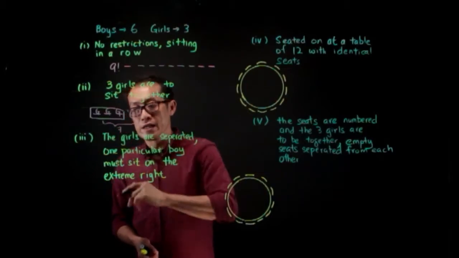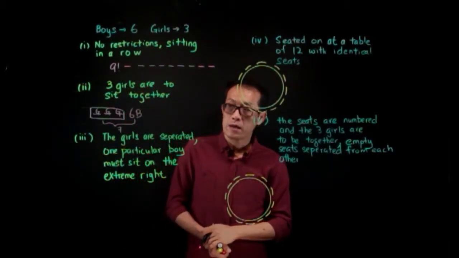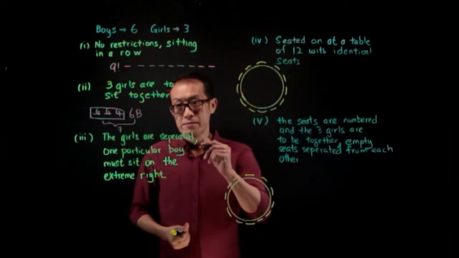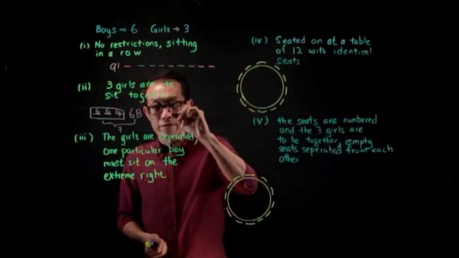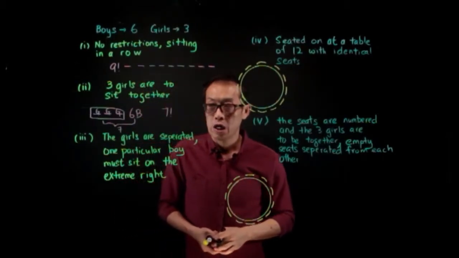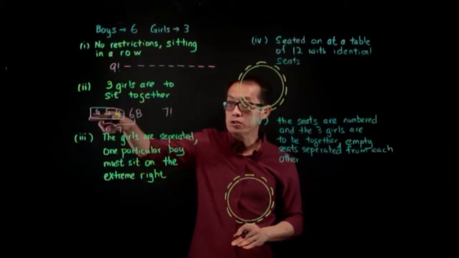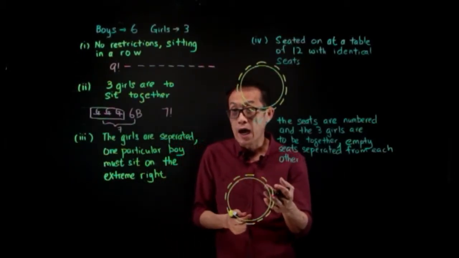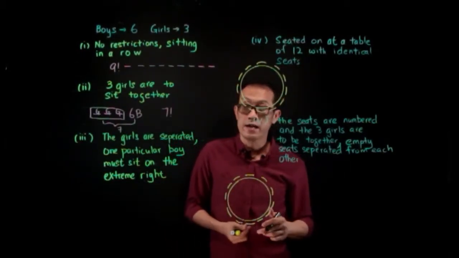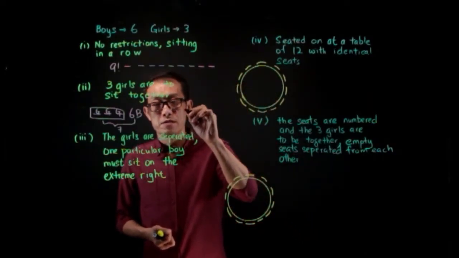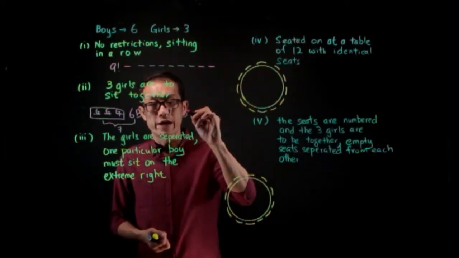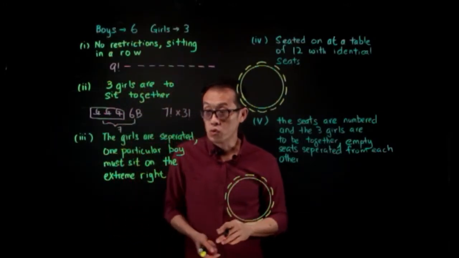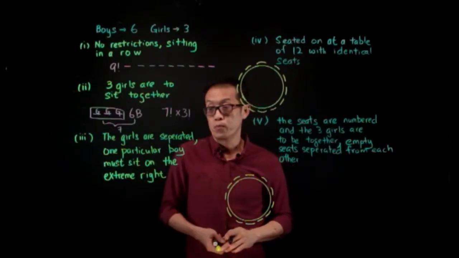You have 7 entities. Now, how many ways can you arrange these 7 items? It will be 7 factorial. But these 3 girls can also be permutated because these 3 girls are distinct, they are not identical. So you must times 3 factorial. That will be your answer to part 2.